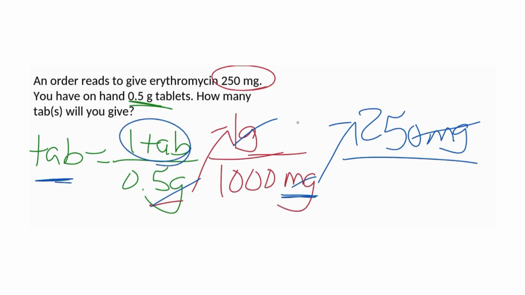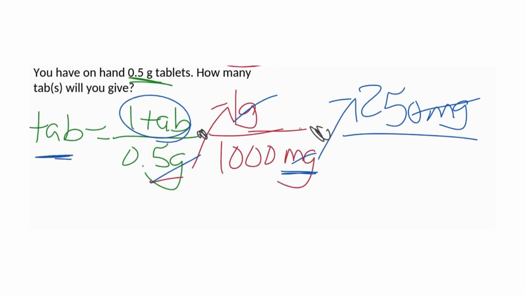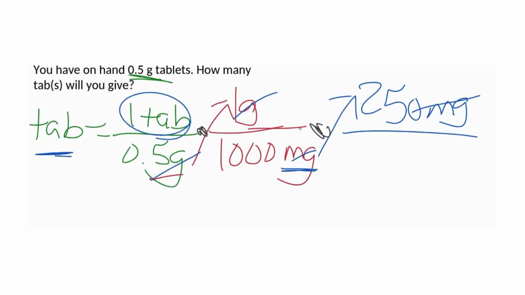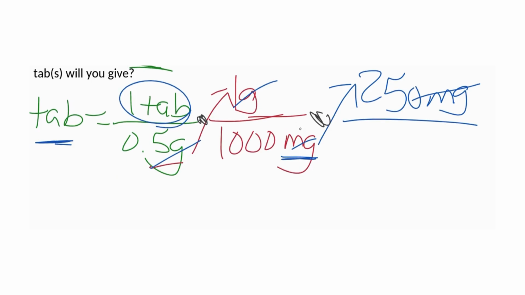And remember, this is all multiplication between here. So we're going to multiply on the top. We're going to multiply on the bottom, divide that out to get to our answer. So I may have to move up a little bit just to get under here. So 1 times 1 is 1, and 1 times 250 is 250.